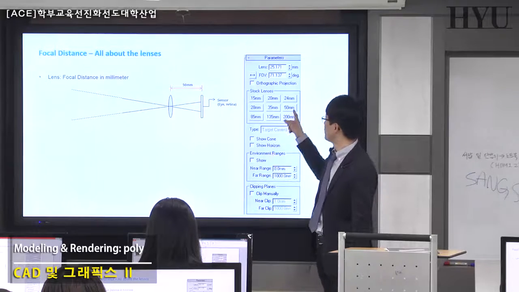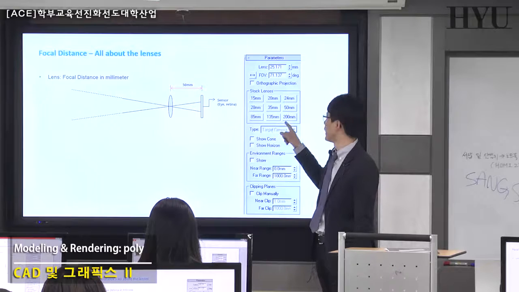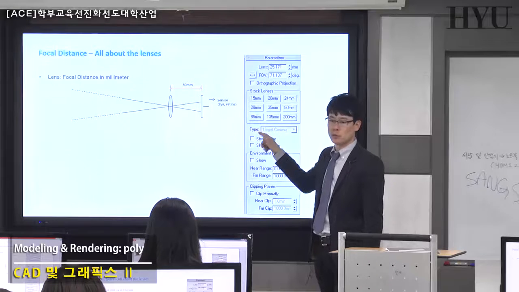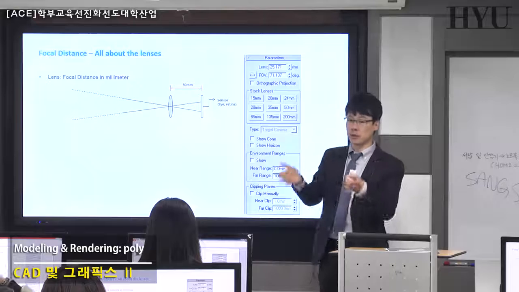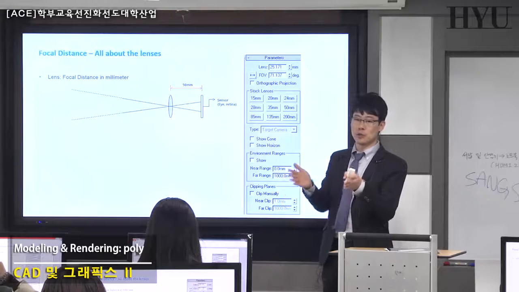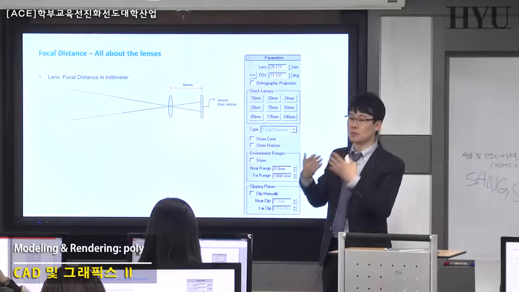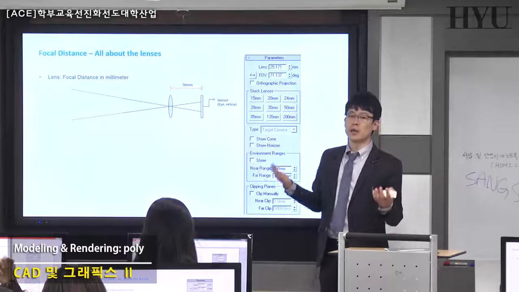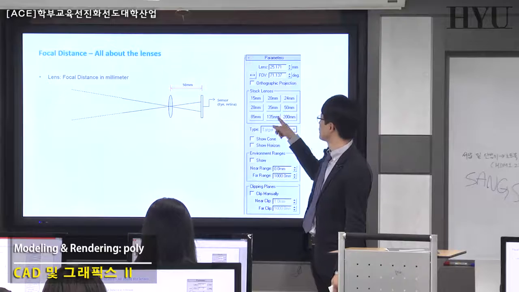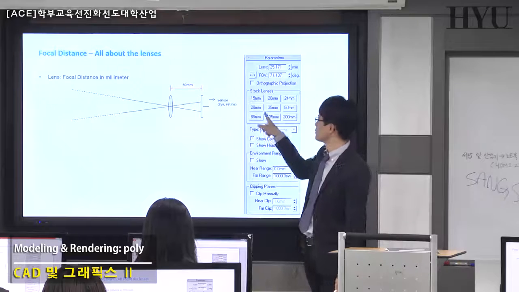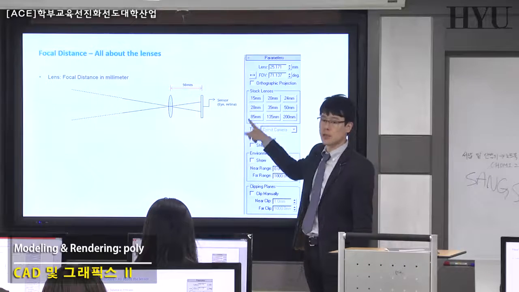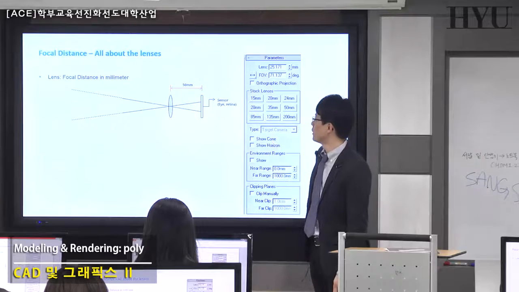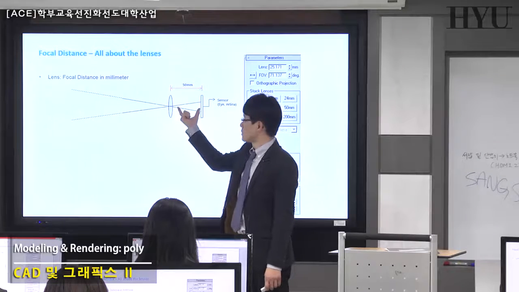But if you buy a 50 millimeter or 80 millimeter, usually good at portraits, okay? Especially good for a girlfriend's face, out-of-focus background, taking pictures very nicely by this type of lens, okay? Anyway, this is focal distance.